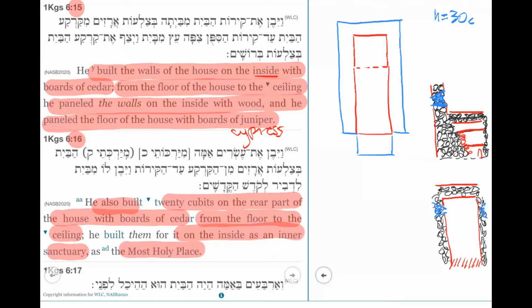Now, the walls of the house generally refer to the front, but you notice that what this would now refer to is both the inside of the house and the rear part of the house, which is the sanctuary, the Holy of Holies. And that tells us that everywhere on the inside are boards of cedar and the floorboards of cypress.